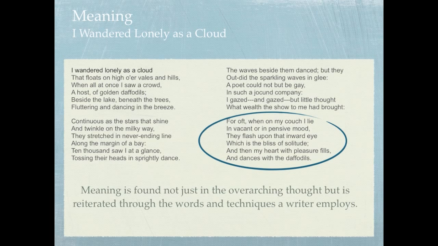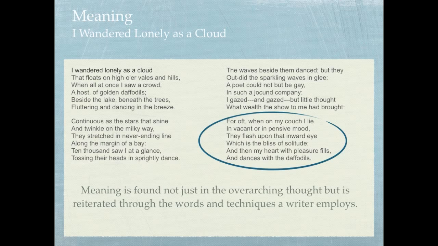So in the third stanza, he says, "I gazed and gazed, but little thought what wealth the show to me had brought." So he's saying that as he is in nature and seeing these beautiful things, he doesn't realize how profound they are, what wealth they are to him. But the wealth, he's saying, is when he's just lying on his couch, sitting there in vacant or in pensive mood, and he closes his eyes, and then his heart is filled with these images that he's seen in nature.